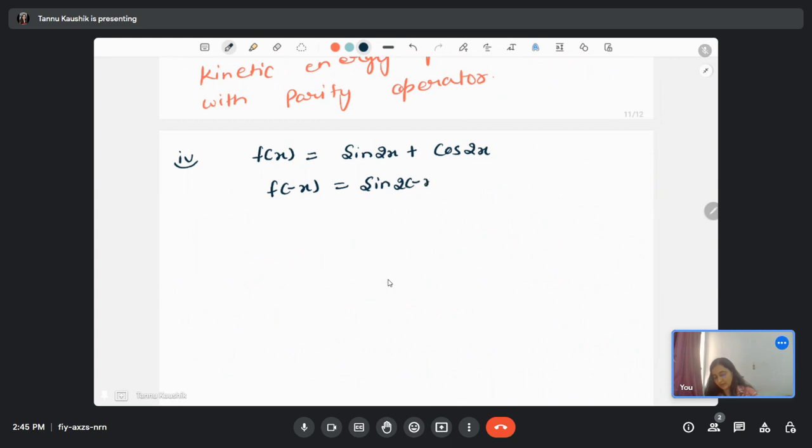So to check whether a function is symmetric or anti-symmetric, we will replace this x with minus x in the function.